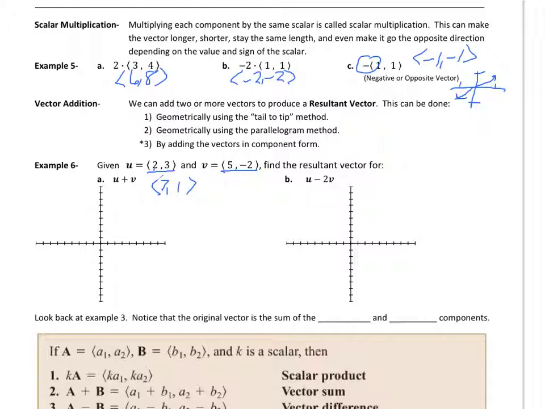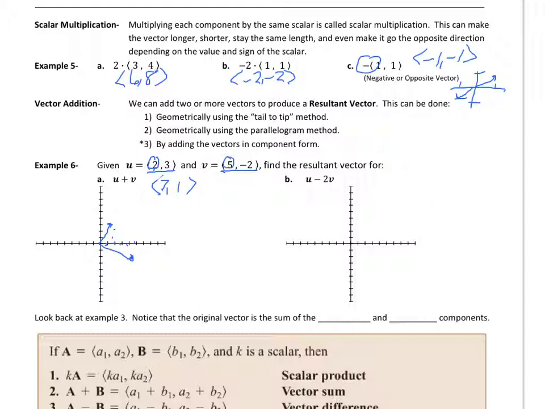So now, if we were to write u here, u is at 2 and 3. There's u. And then v is 1, 2, 3, 4, 5, and negative 2. And there's v.